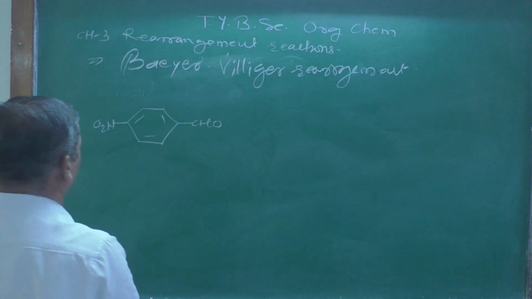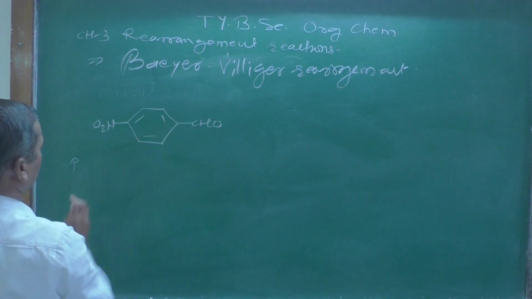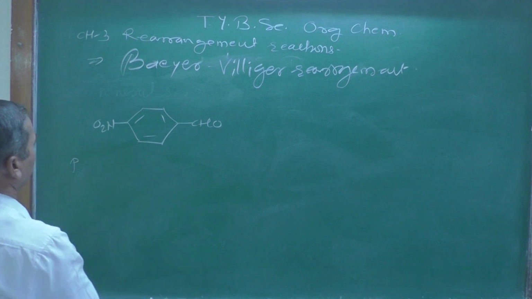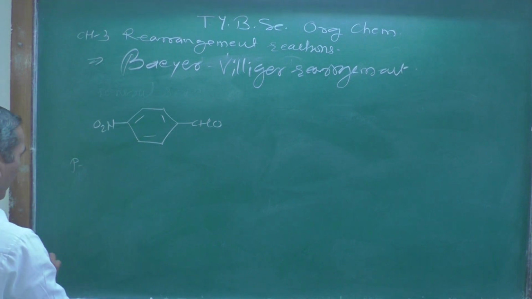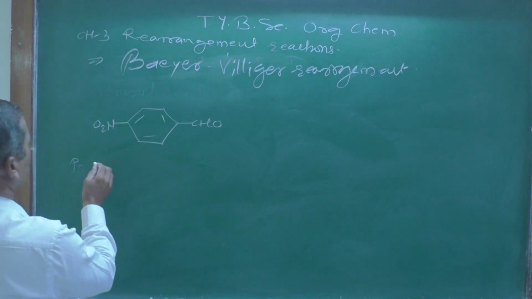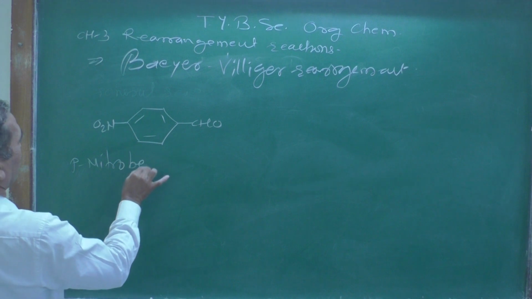So this is known as para-nitrobenzaldehyde, because benzaldehyde is the main functional group, and para is the second one, so you give the priority to the second. So para-nitrobenzaldehyde.